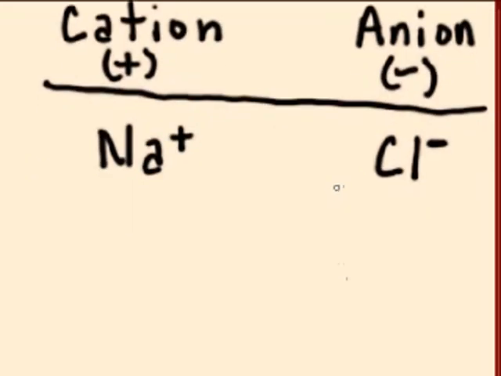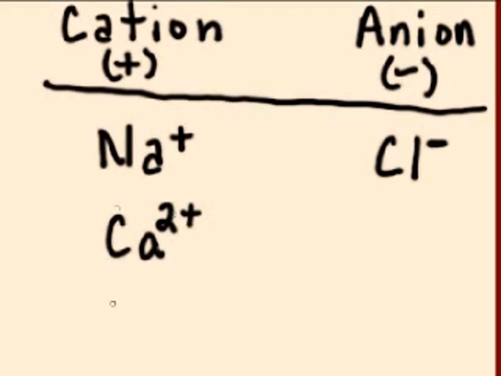Another important anion in the body is, well, let's do a cation first. Another important cation is calcium. It has two positive charges. Another important cation, I guess we could have magnesium. Magnesium is an important cation, and it has two positive charges.